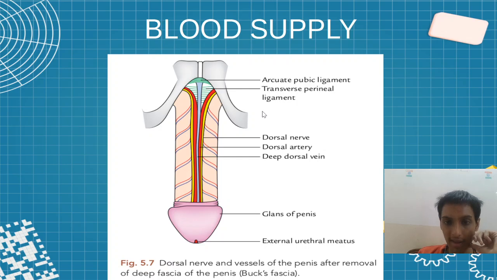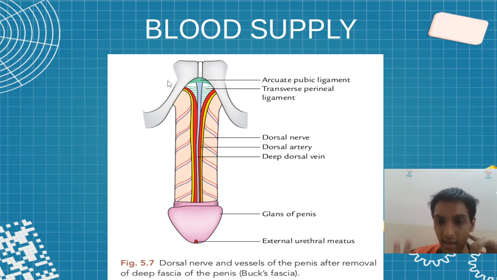Now the blood supply. Let's see the blood supply and the lymphatic drainage also. First, blood supply. We have the dorsal vessels and nerves here, and there are some other structures like the arcuate pubic ligament and the transverse perineal ligament.